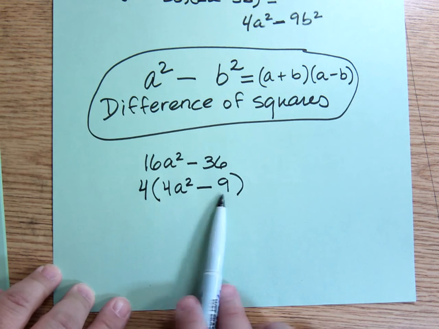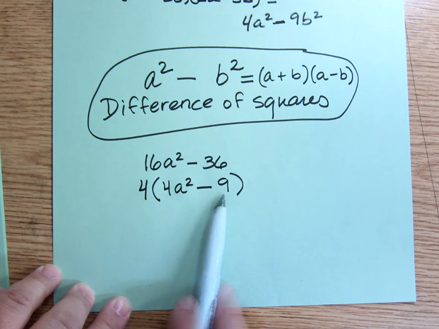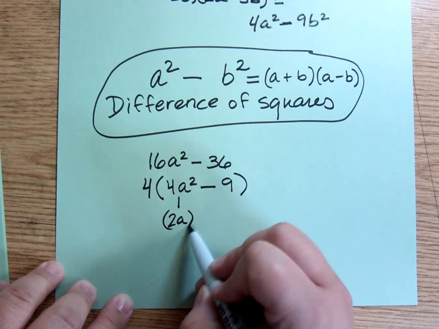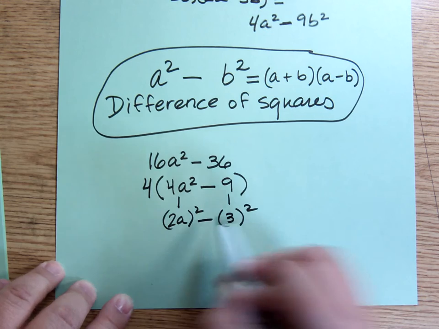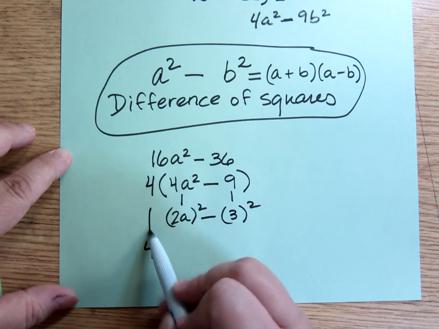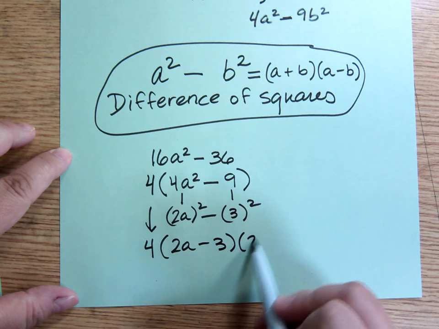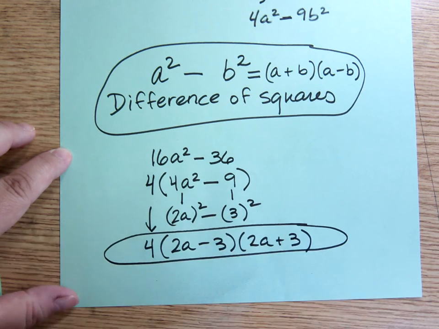Now, this part, I have to ask myself if it can be factored. It can be. It's a difference of squares. This is 2a squared, and this is 3 squared. So I have a 4 out front still, and then I write 2a minus 3 times 2a plus 3. That's my difference of squares.